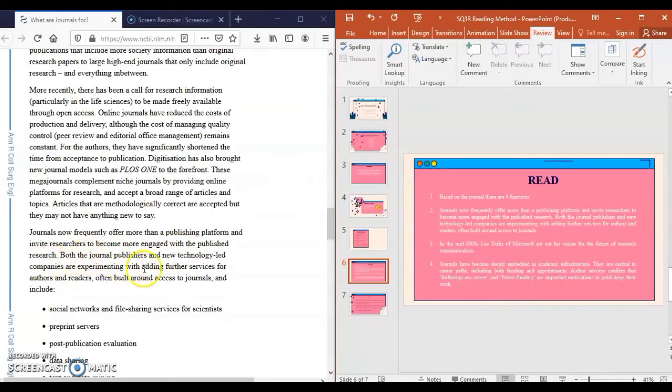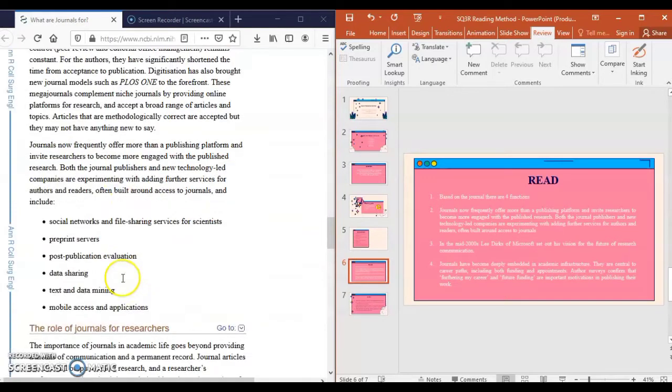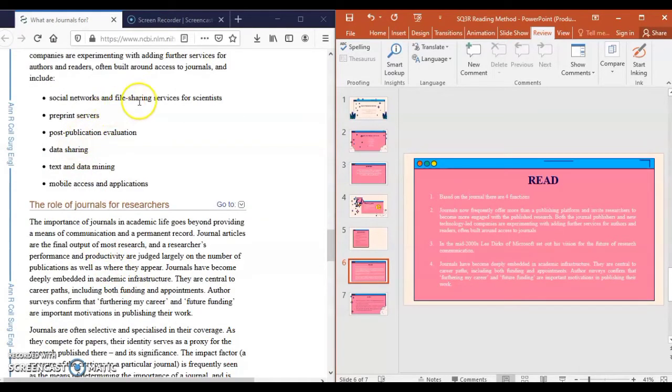Both the journal publishers and new technology-led companies are experimenting with adding further services for authors and readers, often built around access to journals and including social networks and file sharing, preprint services, post-publication evaluations, data sharing, text and data mining, mobile access and applications.